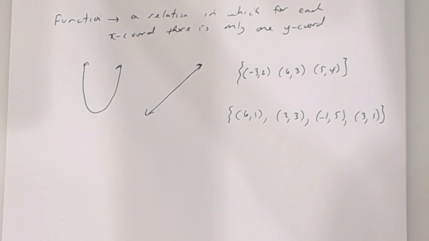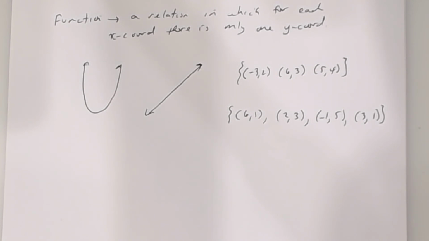And the last one I just did, is that a function? Yes. Even though the y value occurs more than once, there's only one for each x. So for each x coordinate, there's just one y coordinate. And it's okay for the same y coordinate to represent 2 x coordinates.